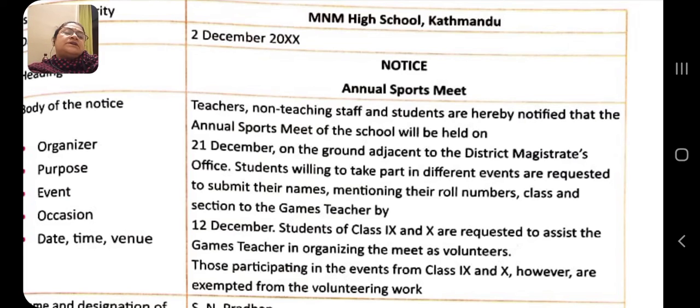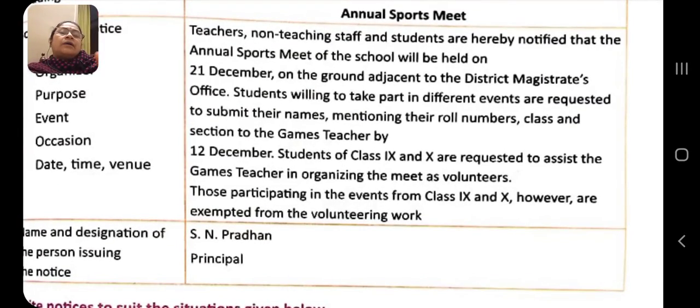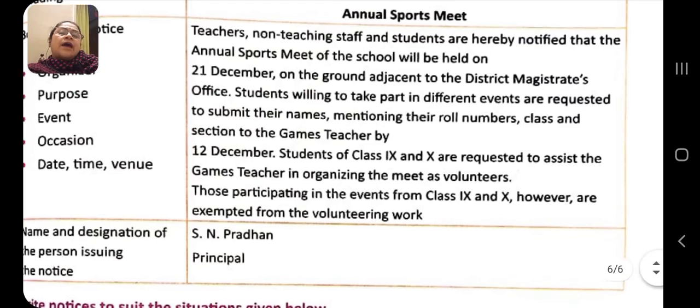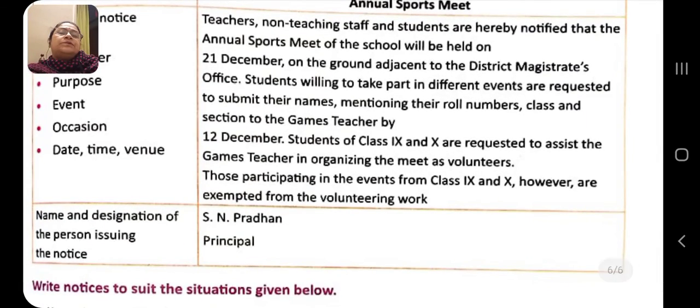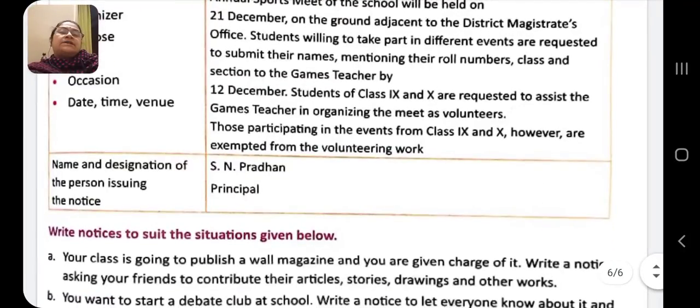Those participating in the events from classes 9 and 10, however, are exempted from the volunteering work. Then comes the designation and name of the person who is going to issue the notice, that is S.N. Pradhan, principal. Principal is the designation. So, this is the format of notice writing.